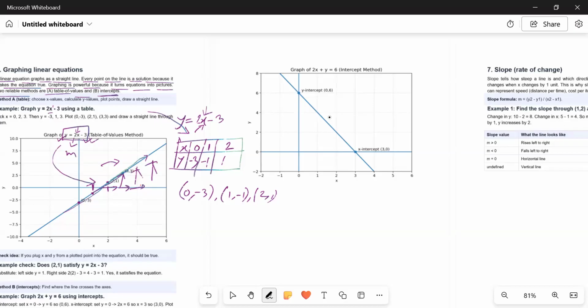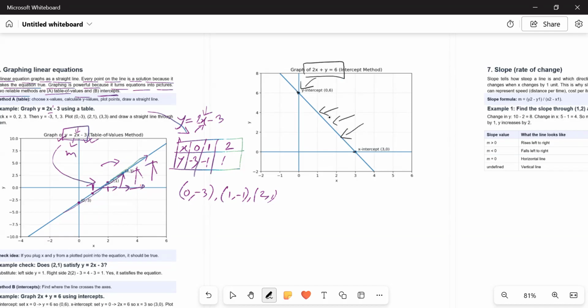So if I put it here, I have two points, two coordinates, and if I draw a straight line that intersects both of the points, the line that I will get, which is this one, will have all the solutions for this equation. All the solutions of the equation are on this straight line.